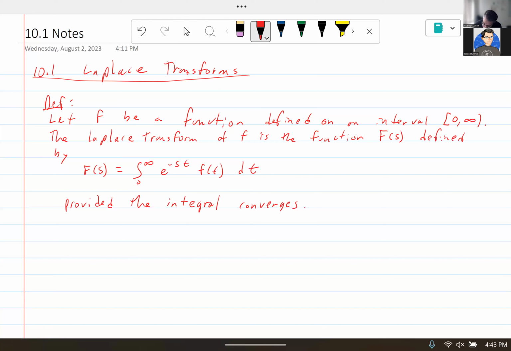The Laplace transform of f will be denoted by L of f.